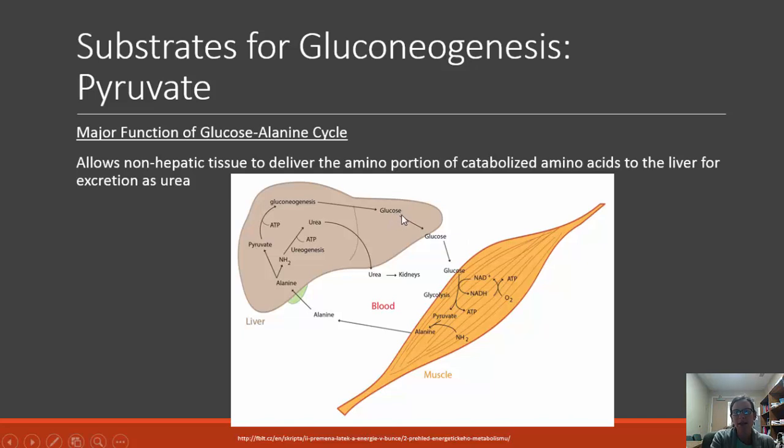We have glucose in the liver, the glucose goes to the muscle, we have glycolysis, we have pyruvate from glycolysis, we add an amino group and convert it to alanine. The alanine can go into the blood, back to the liver, where it's deaminated back to pyruvate that can be used for gluconeogenesis, and then the amino part can be excreted as urea.